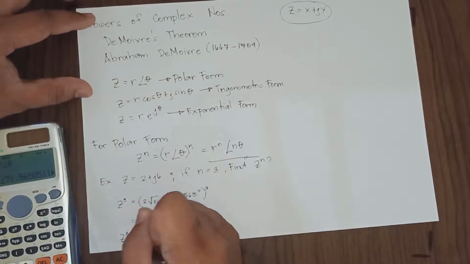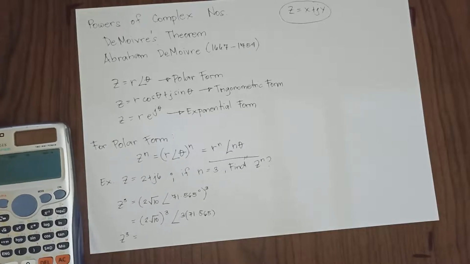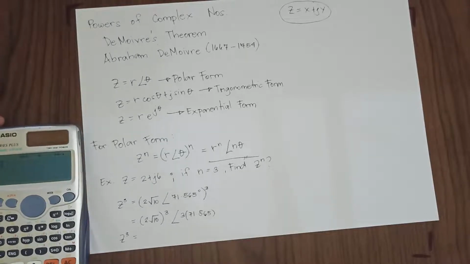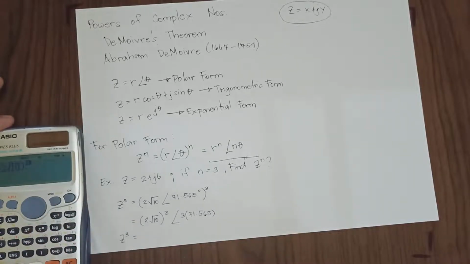Therefore, z cubed is equal to 2 square root of 10 raised to 3.